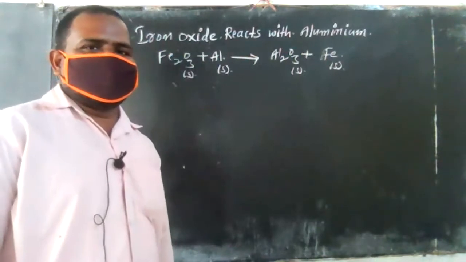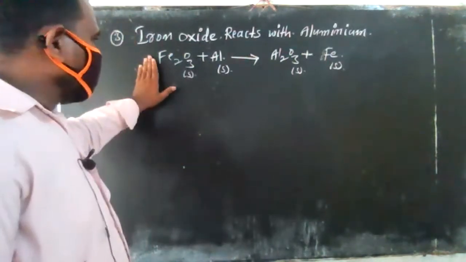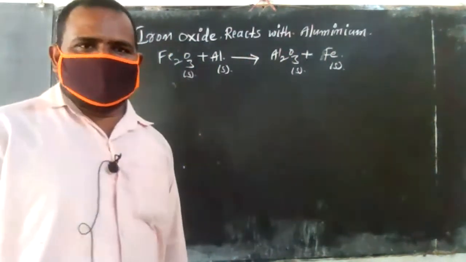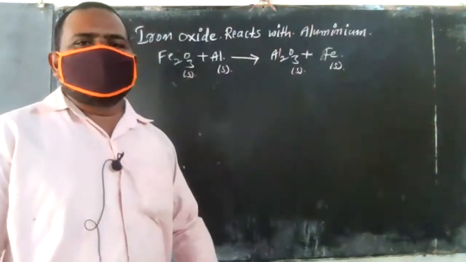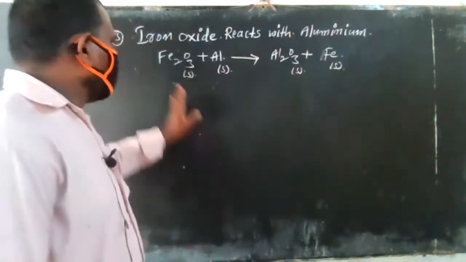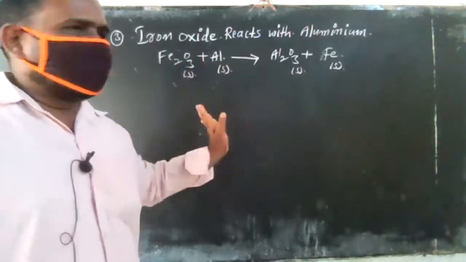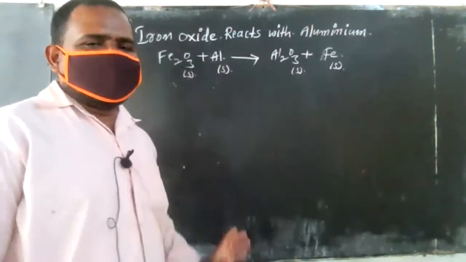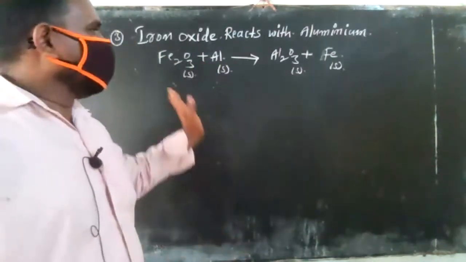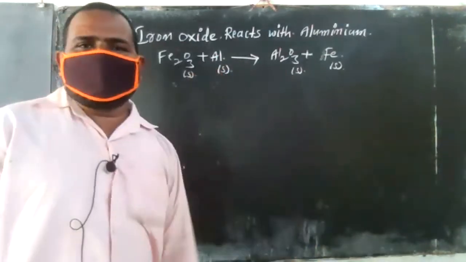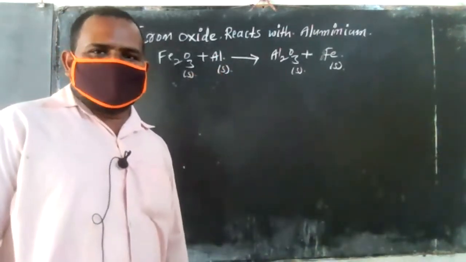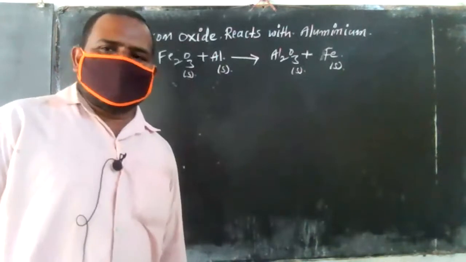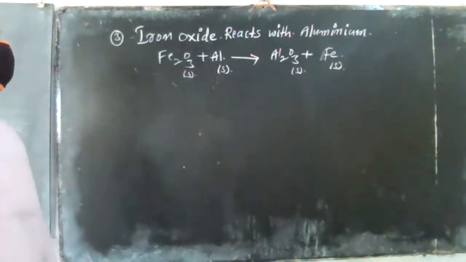If the suitable number does not come, keep trying: 2, and if that does not balance, then 3, then 4. You try and try. This is called the trial and error method. Then finally you get the answer.